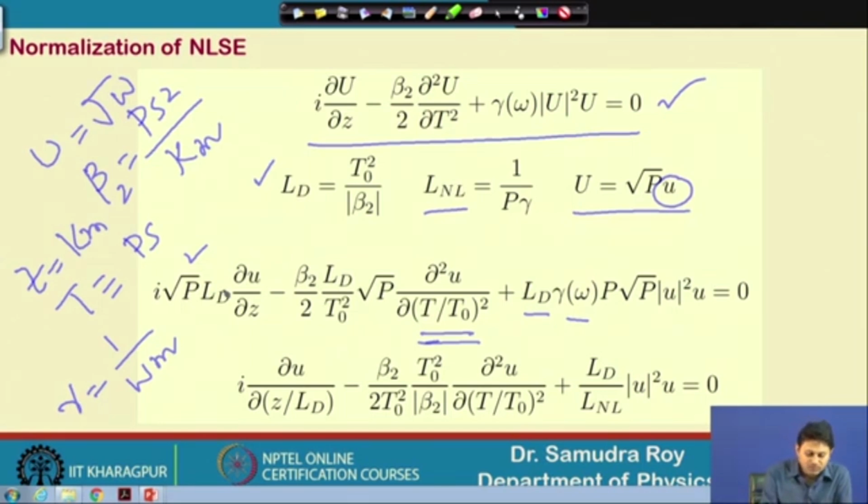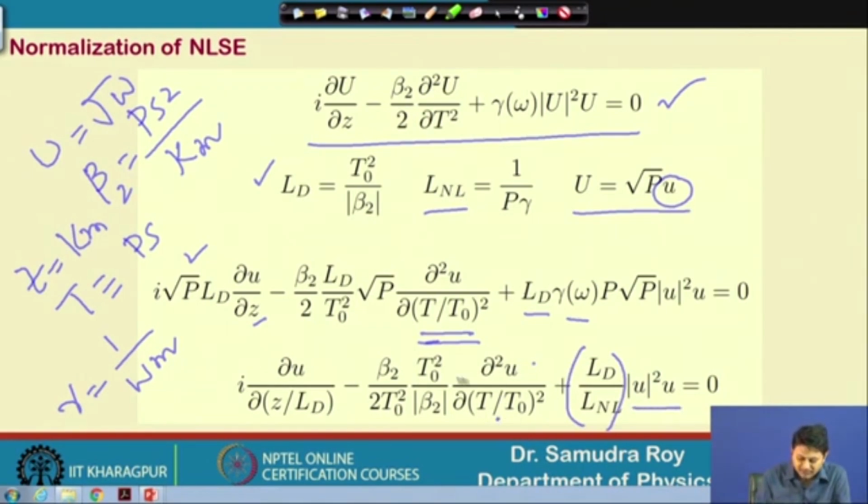Now, if I divide this LD into z, I have z by LD, and then if I replace LD with T0 squared over mod of beta 2, this term will cancel out. We have beta 2 divided by mod of beta 2 with a half term, and here we have LD divided by LNL, the ratio of these two. Mind it, when I make a ratio of these two, it becomes dimensionless. u was already dimensionless, T by T0 is dimensionless.